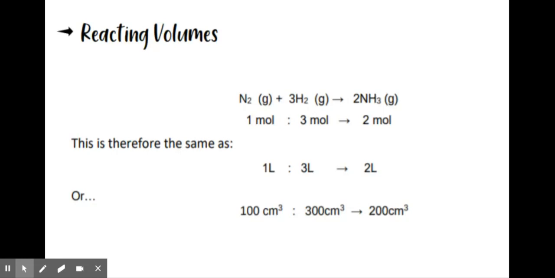That means that since we have a 1 mole to 3 mole to 2 mole ratio, if we had 1 litre of nitrogen, that would react with 3 litres of hydrogen and produce 2 litres of ammonia. Or if we had 100 centimetres cubed of nitrogen, that would react with 300 centimetres cubed of hydrogen to produce 200 centimetres cubed of ammonia. So as long as we have the mole ratio, we can then scale our volume using that mole ratio.